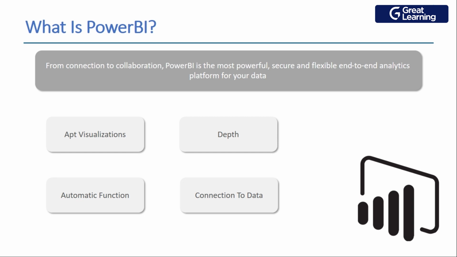And apart from that, it gives you apt visualizations, in-depth drilling and understanding of your data. It lets you use automatic functions to create better visualizations, and you can also connect to different data sources, making it easily available for different requirements.